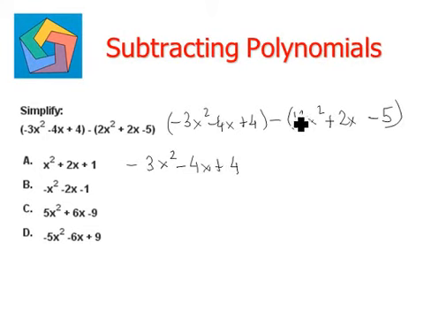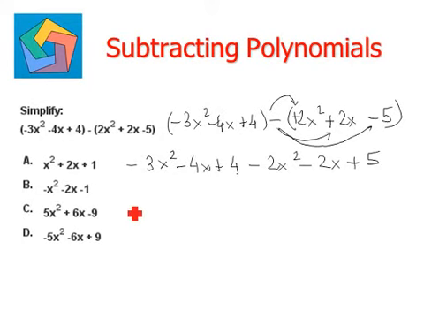A negative and a positive is a negative 2x squared. A negative with a positive is again a negative 2x, and a negative multiplied with a negative is a positive 5. Now the similar step of putting the like terms together.